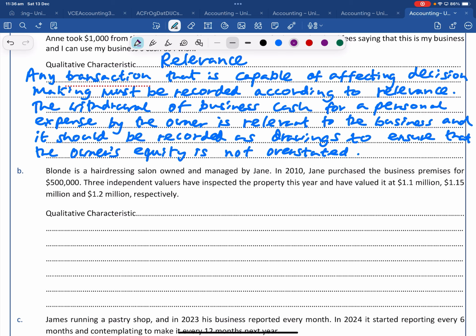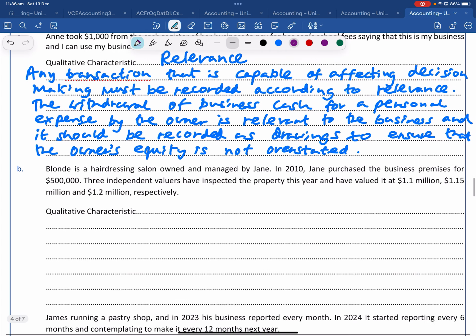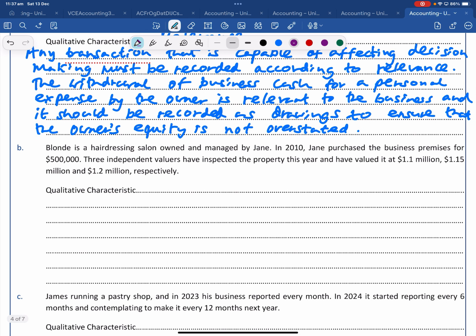Is it relevance? Verifiability. Which one out of those two, or both? Tell me one of them. Verifiability. Verifiability is correct. Why is it? Because first, it doesn't refer to the accounting period, so it eliminates relevance.